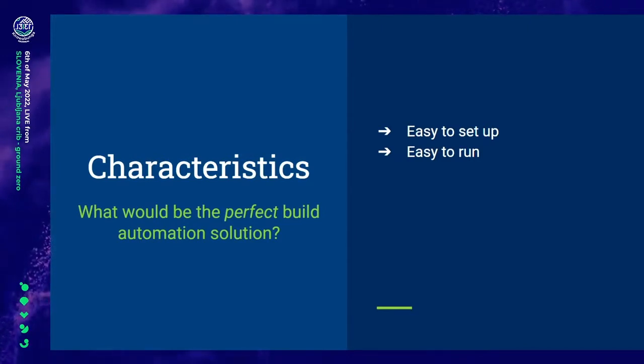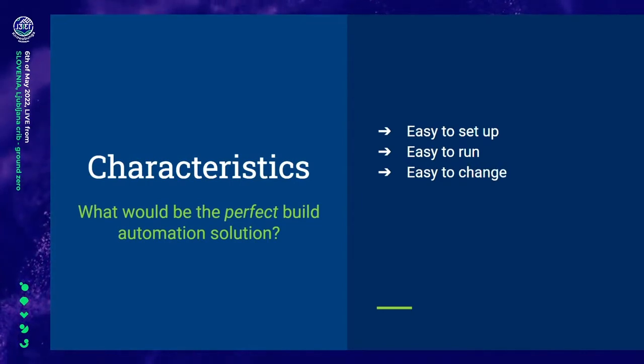So the next thing, it needs to be easy to change. Our software constantly evolves. This means that our builds should evolve with it as well. So it doesn't make sense that a developer should learn an entire framework or read an entire book just to add a step to a build that is already there.